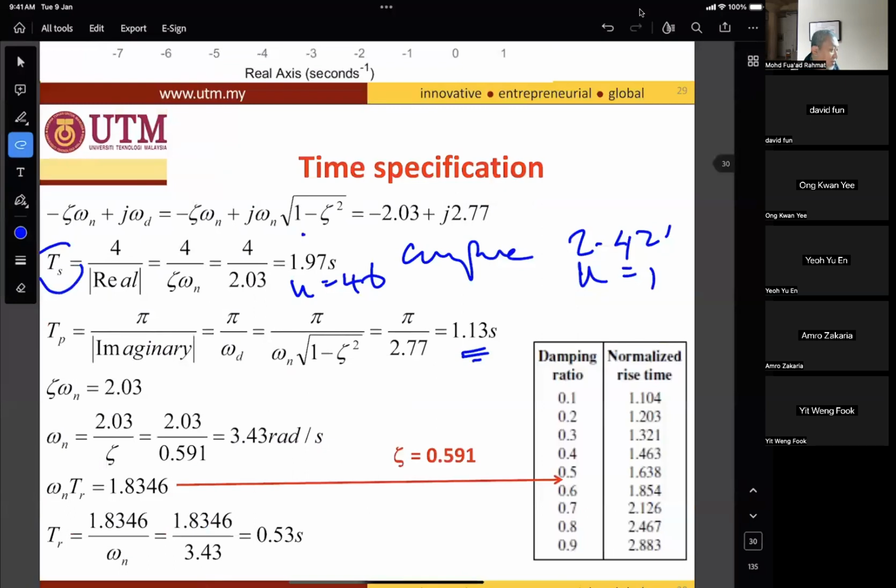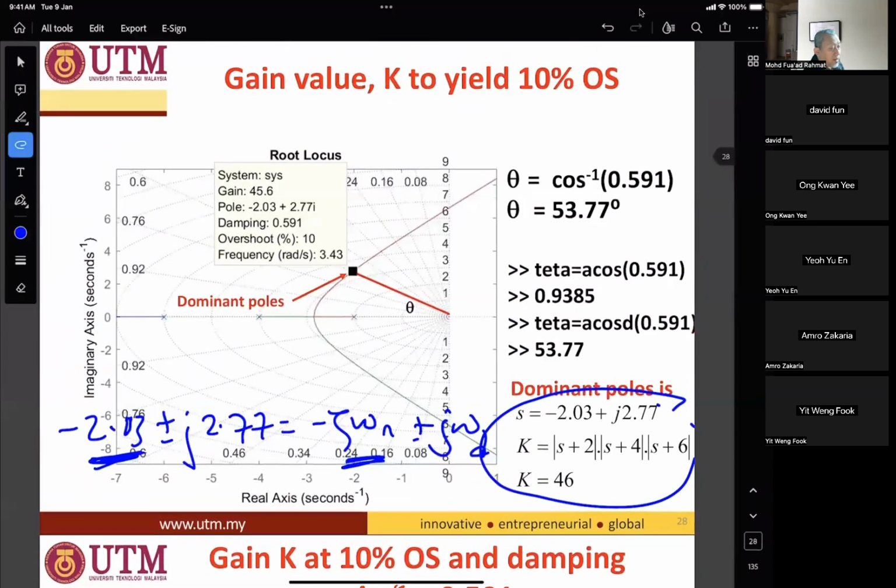Okay. So from here, if zeta omega n is equal to 2.03 and zeta is equal to 0.491, you can automatically get the omega n value, 3.43 radian per second, which is the length from the origin to the dominant pole, as I told you before in class. The length from the origin to the intersection point is the omega n value.